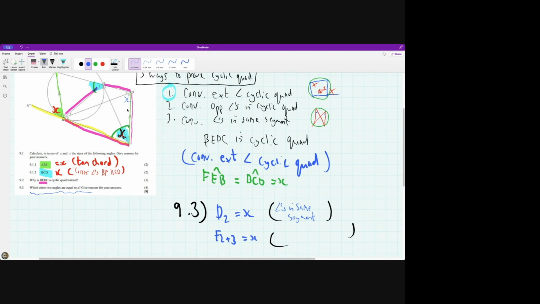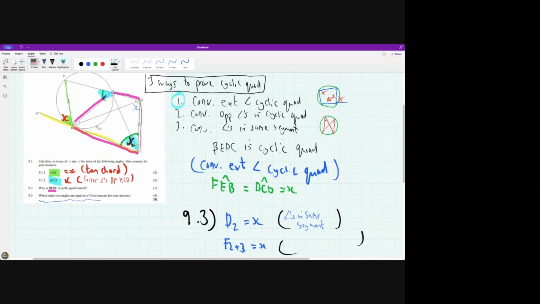Now, what other angles equal to X could we find? If I have F2 plus 3, I don't know about that. Is there anything else that we could? Oh, Peter. Okay. So, Peter, what I was saying was that this pink thing over here is a cyclic quad.